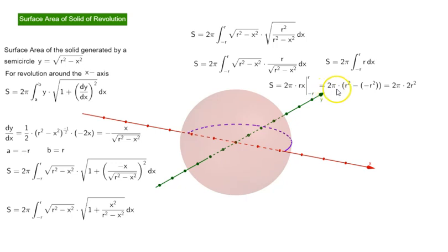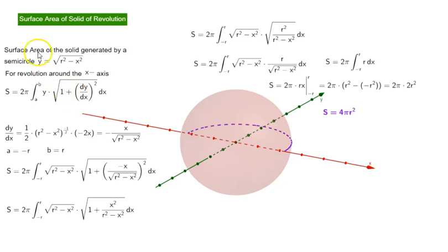Taking care of the limits, we get 2 pi times r square, minus r times minus r, that is minus r square, which is equal to 2 pi times 2r square. So the surface area of the sphere is equal to 4 pi r square. So this is the surface area of a sphere.